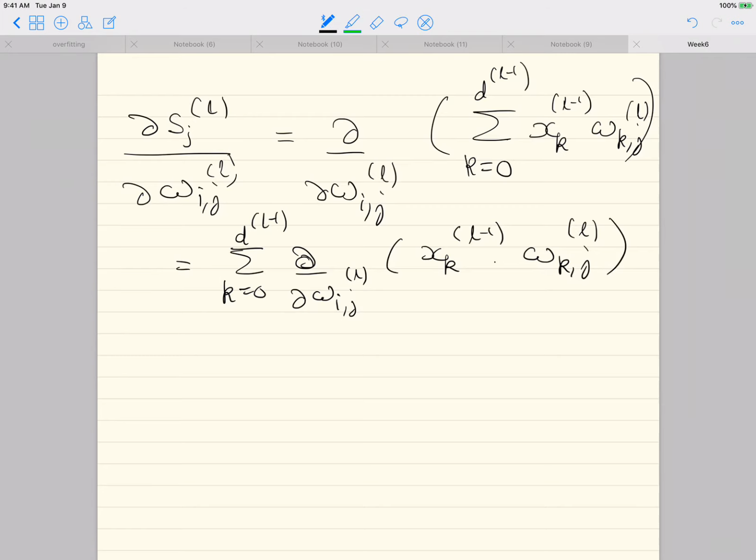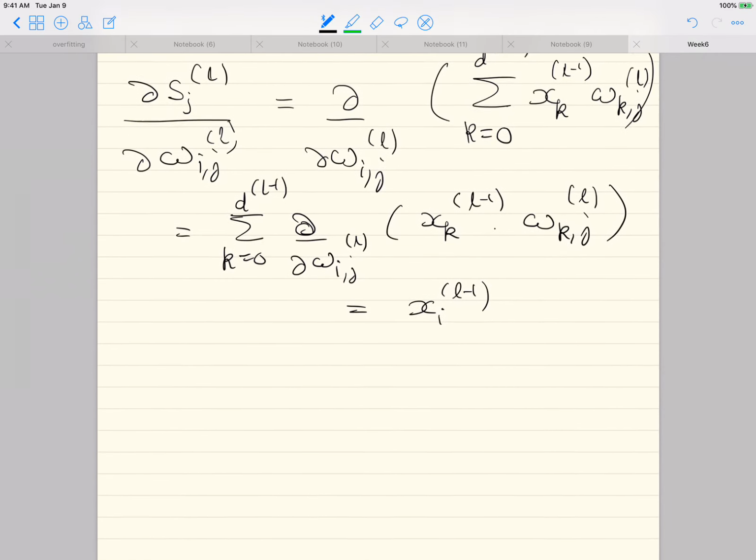Yes, so what happens is when k is not equal to i, the weights are different, the derivative will be 0, there's no dependence. When k equals i, the derivative with respect to the weight will be 1 and the multiplying term will pop out, and this is just xi of L minus 1. So this quantity is straightforward, very easy.